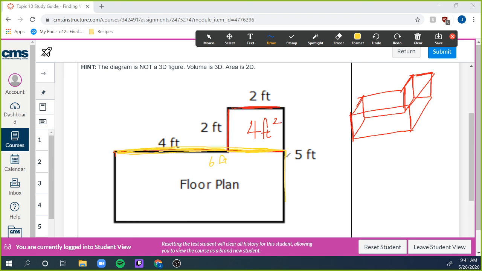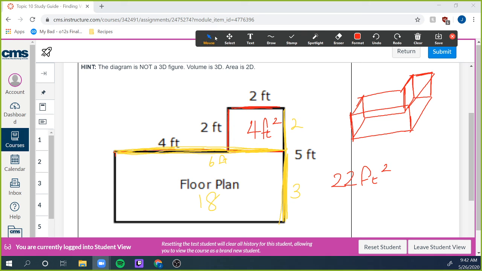And then the width of this part right here, well, this entire thing is 5. So if this part is 2, that means this part has to be 3. So we have a 4 by 3 right here. So 6 times 3 is going to be 18. So this entire floor plan is going to be 22 feet squared.